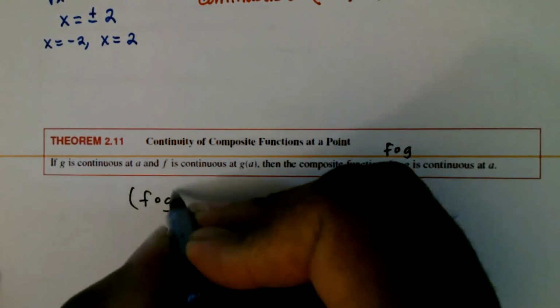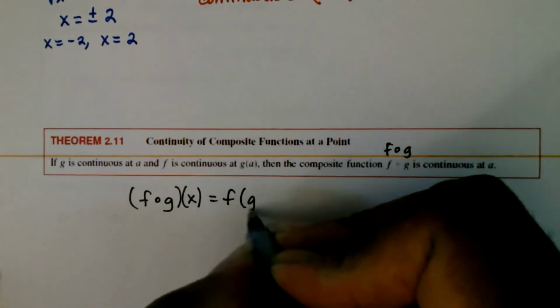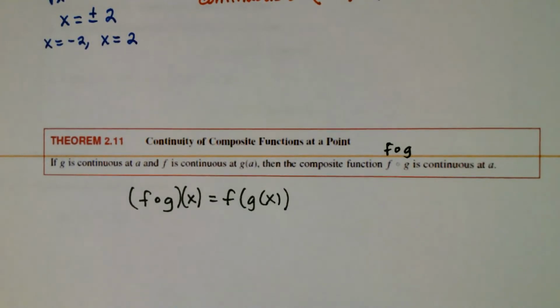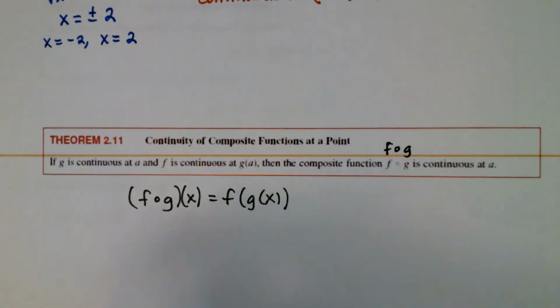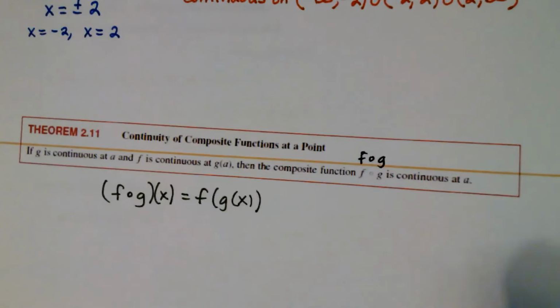The composition of F with G of some X means F of G of X. The inside function is G of X, your outside function is F of X. Basically, when you're given two functions, F and G, and you want to find the composition of F with G of X, what you do is take whatever G of X is and substitute it for each and every X in F of X. That's what we mean by composite functions.